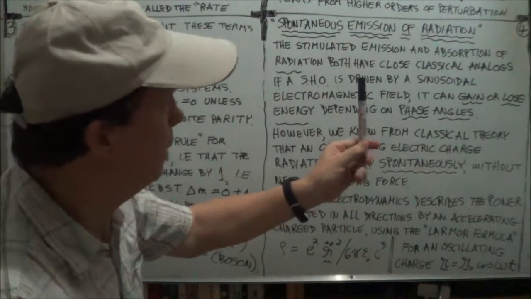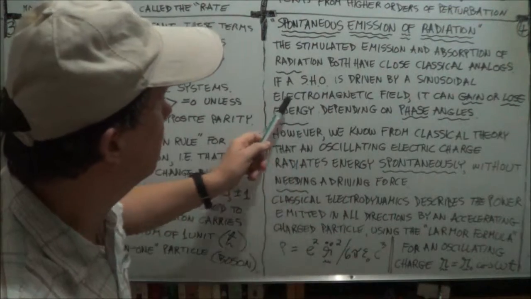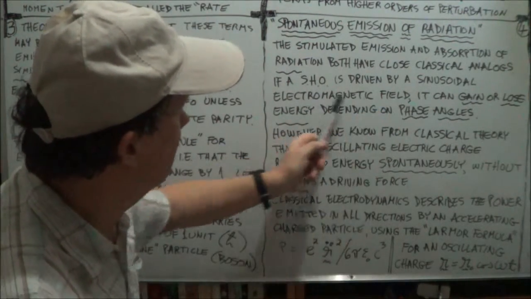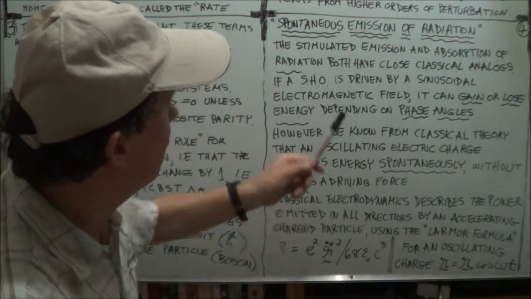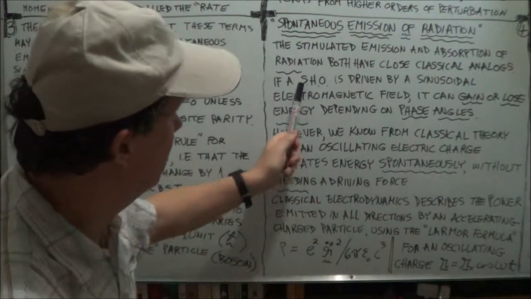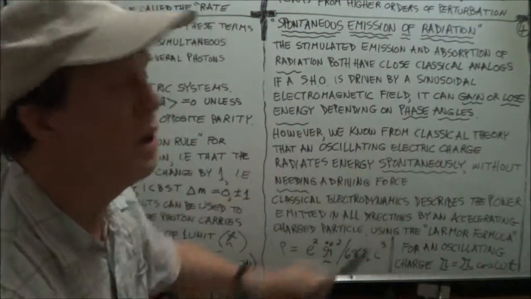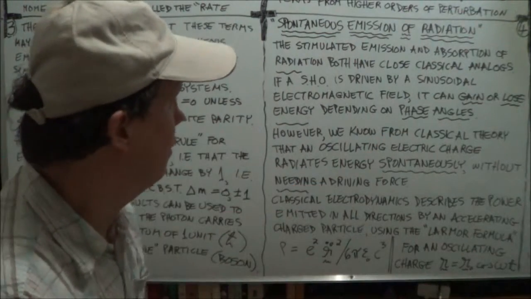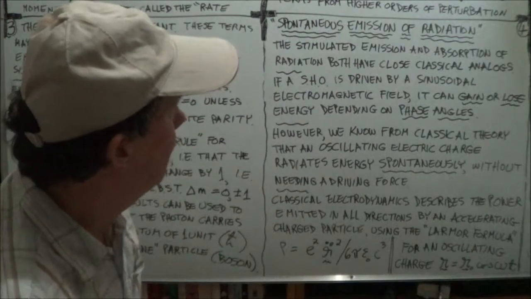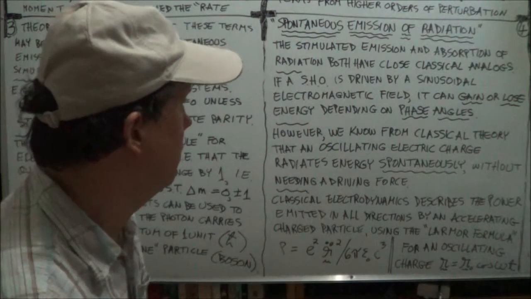So depending on the relative phase of your stimulating electromagnetic field and the phase of the oscillator itself, the energy of this oscillator is going to actually gain or lose depending on your two phase angles. So in other words, there are classical analogues to what we've been talking about.